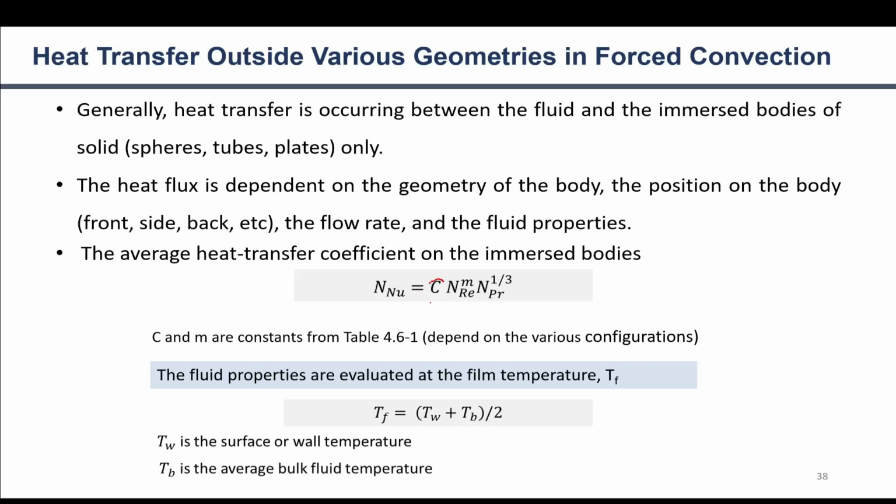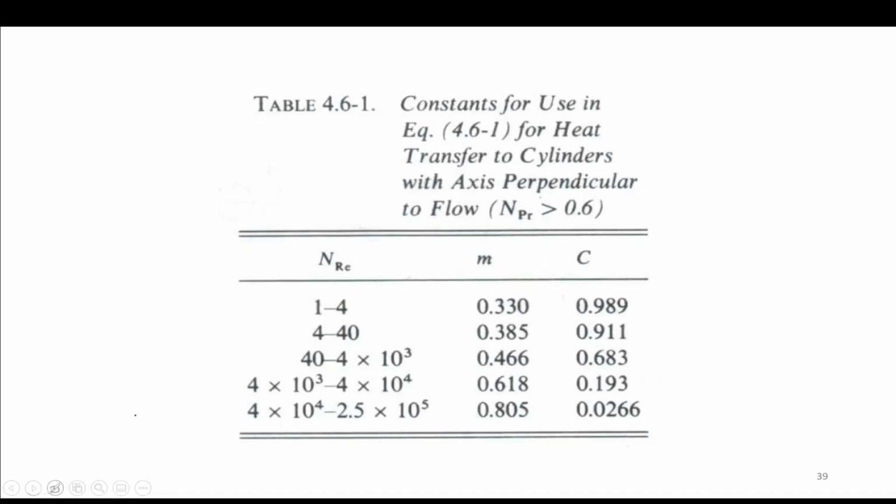Here, C and m are constants obtained from Table 4.61, which is shown here. The table is for various conditions. You first identify the Reynolds number for the flow regime, and then based on the Reynolds number, we get the respective m and C constants.